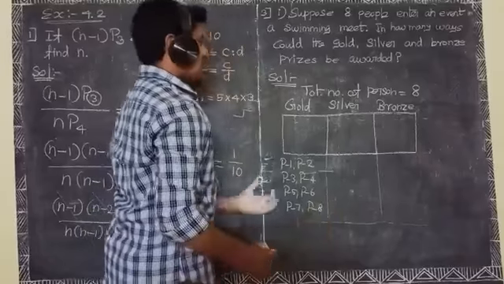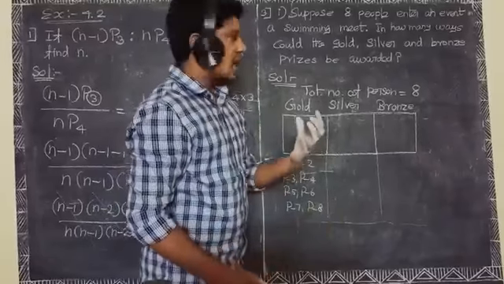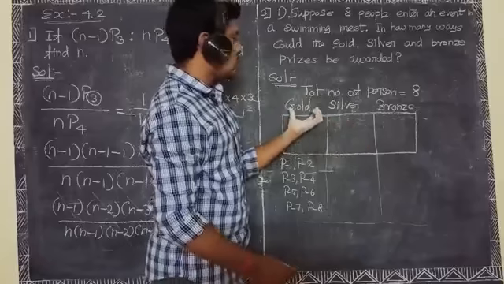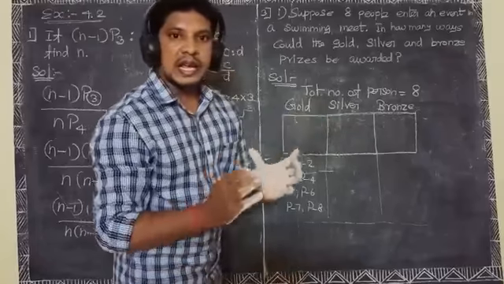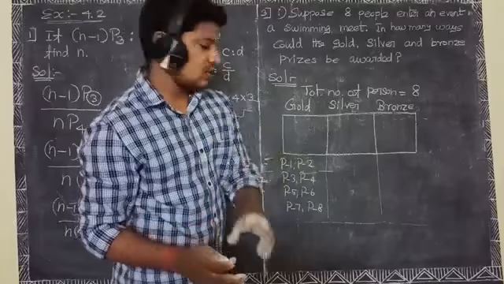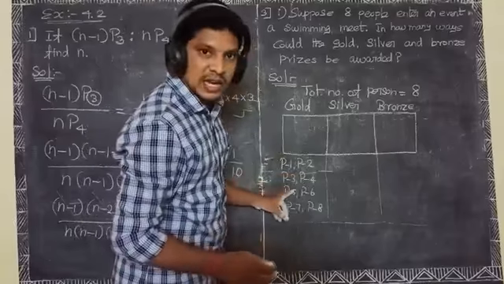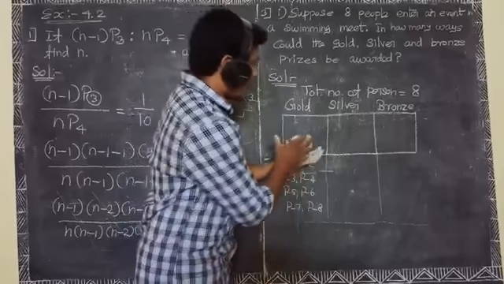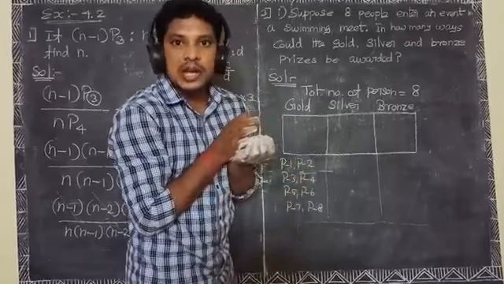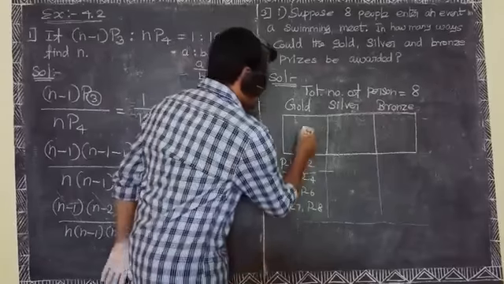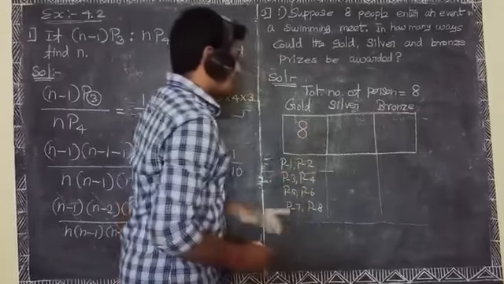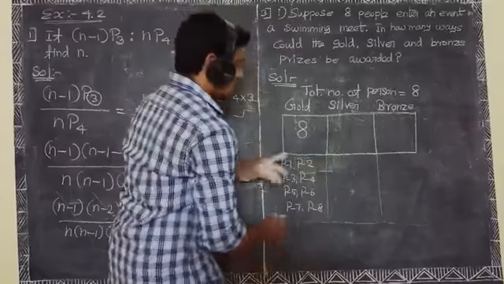In the first prize, gold, there are 8 chances, as each person can get the gold award.